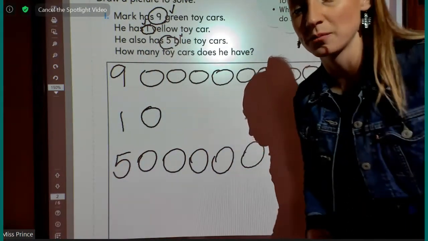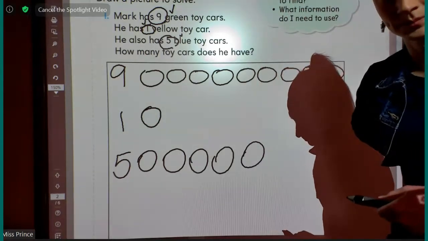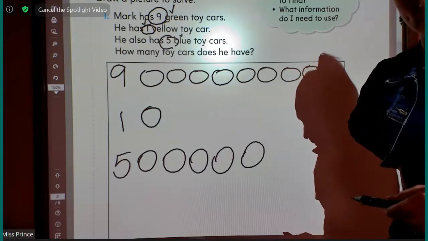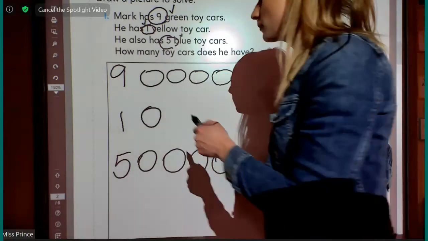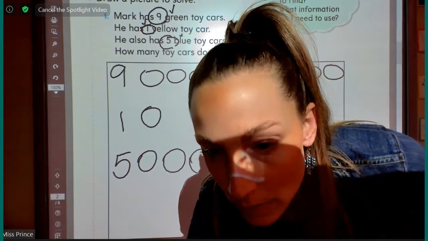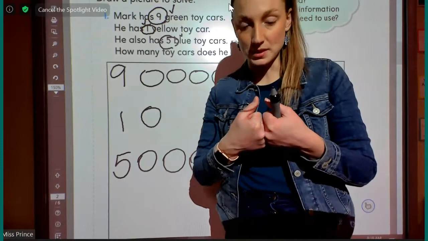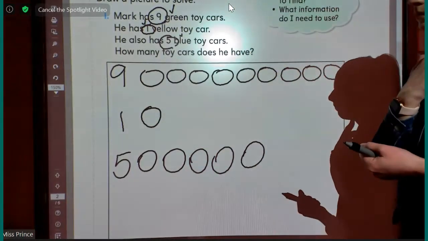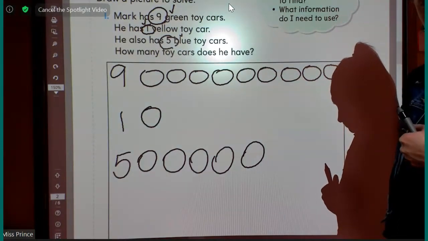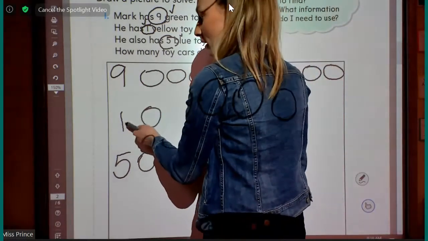Keela, you are my next helper. Let me know when you're ready. I'm ready. All right, Keela. Keela, do you see any 2 numbers that you could add together to build a 10? We have a 9, a 1, and a 5.